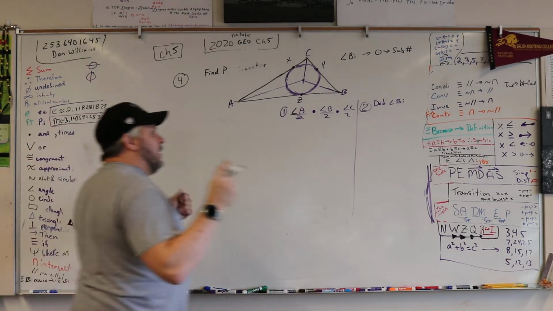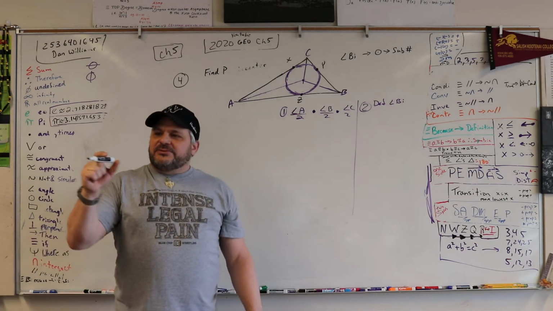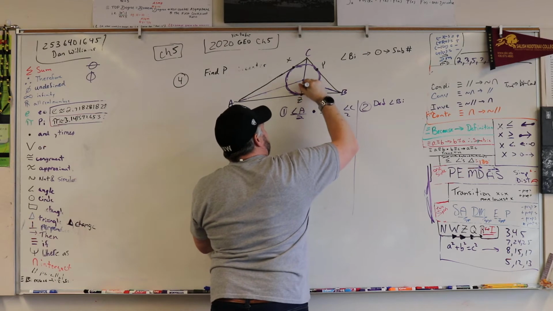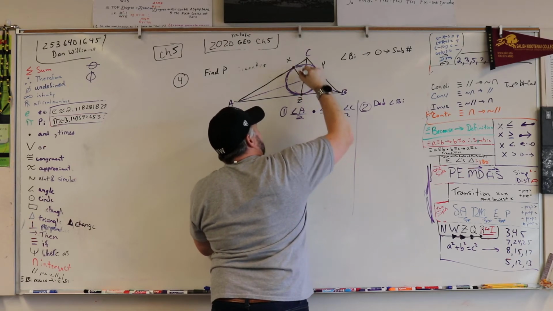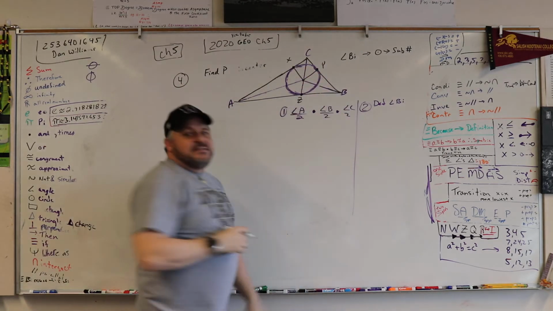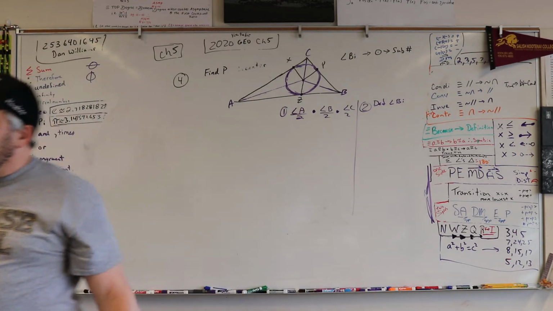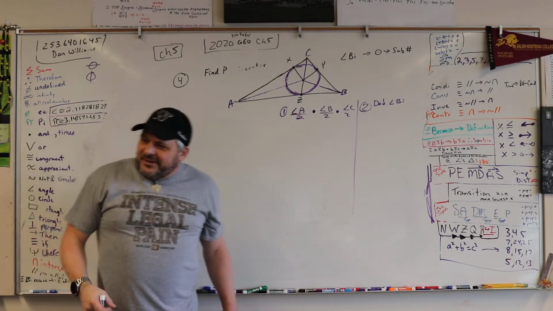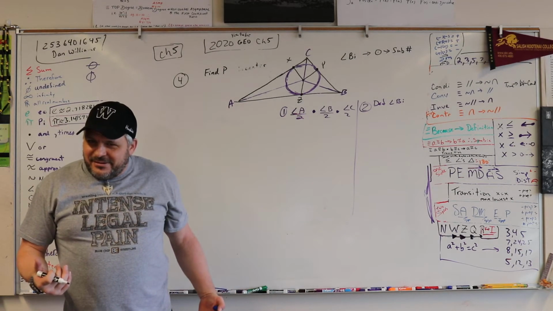What do we call a line segment that goes from the center of the circle to the outside of the circle? What is that line segment called? We usually define it by the letter R.